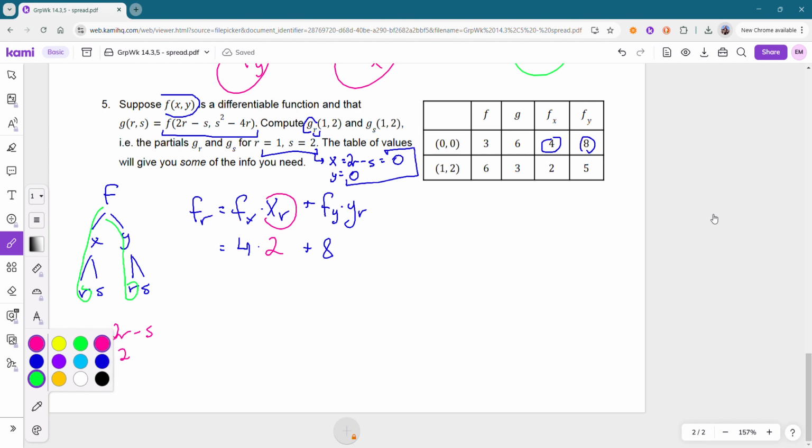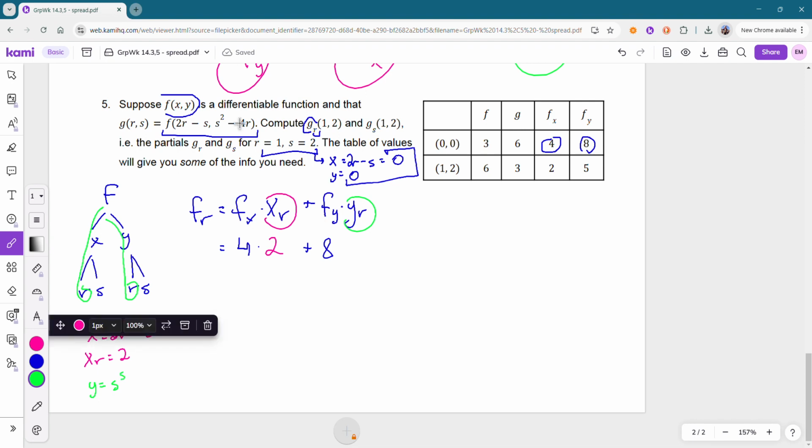And then similarly, y with respect to r, we don't have any y information in our table, but we have y information in the statement. So y is s squared minus 4r, so yr is negative 4, and we can feed that in. And just computing, we get negative 24.